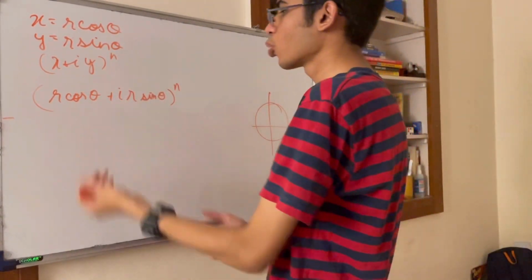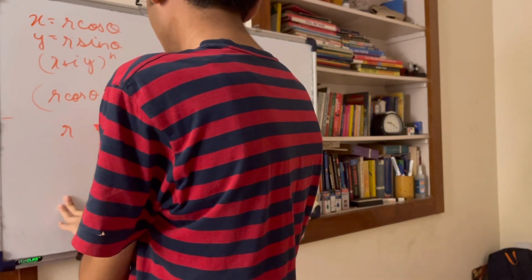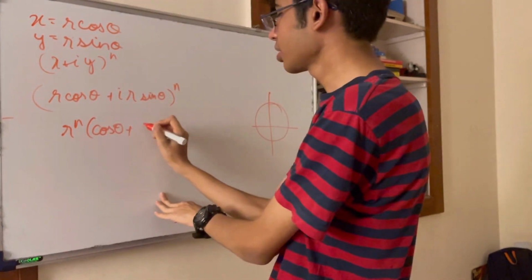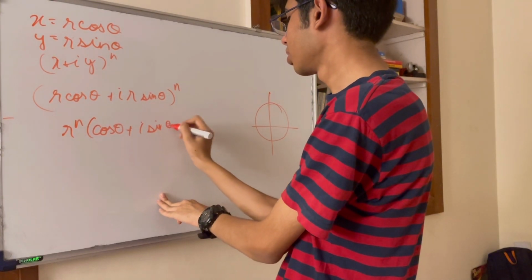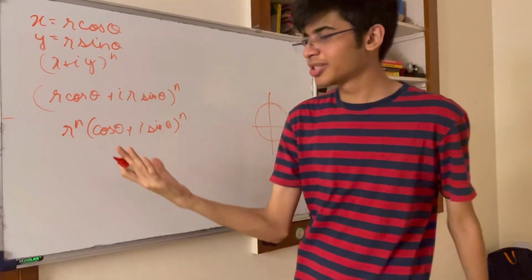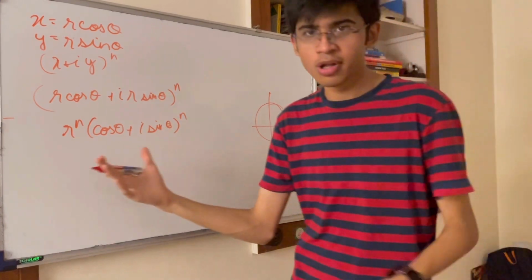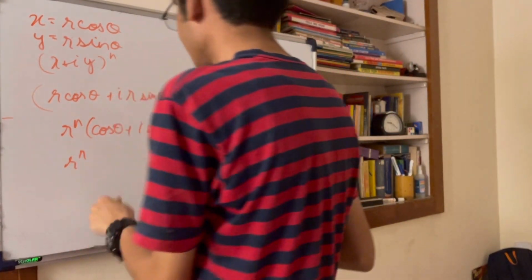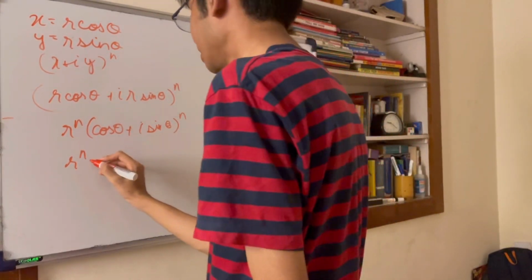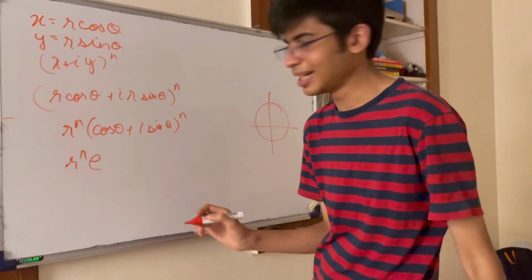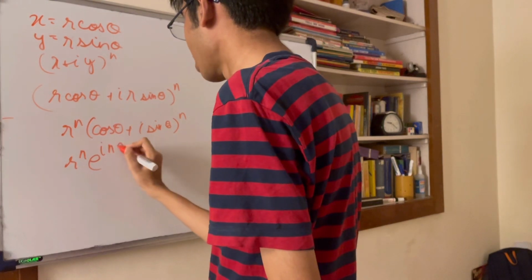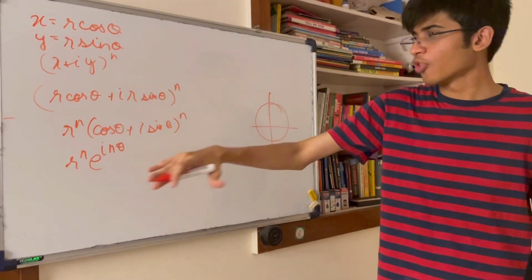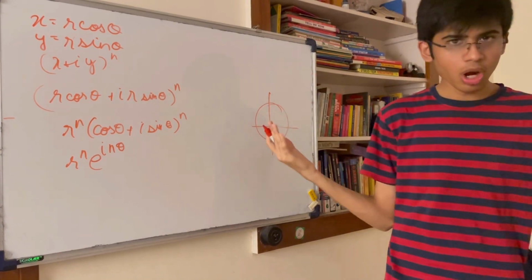Now r can be taken out as common, so it will be r^n times (cos theta + i sin theta)^n. And this, because of the legend Euler, we can never forget what this is. This will be r^n, and cos theta + i sin theta is e^(i theta), so we can write this as r^n e^(i n theta). So this will be the solution for the Laplace equation in polar coordinates.